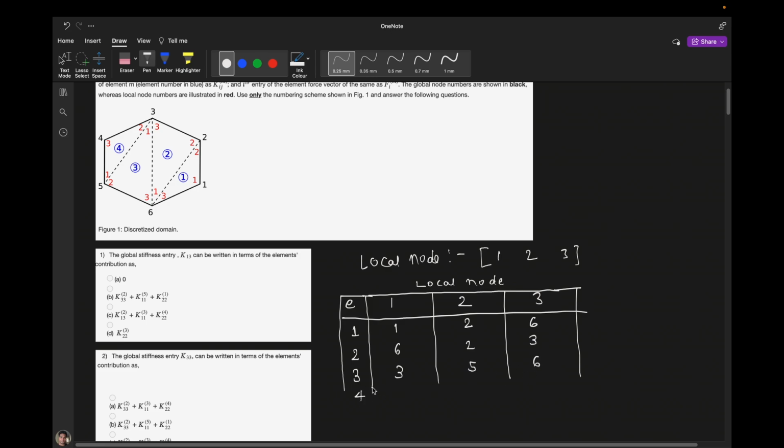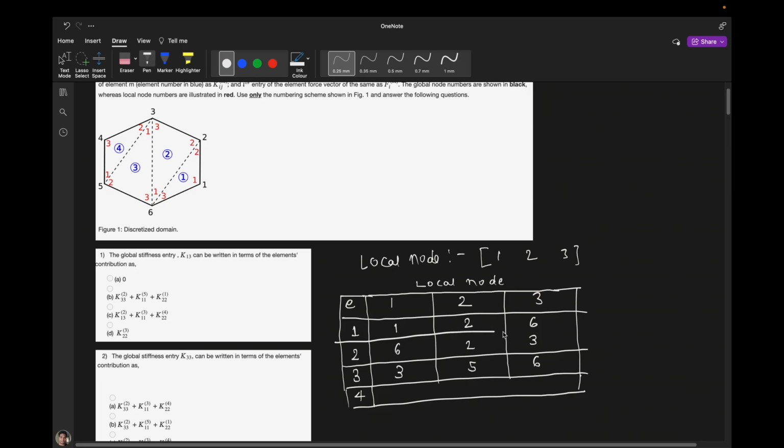And for element 4, which is 5, 3 and 4, these are the global nodes.